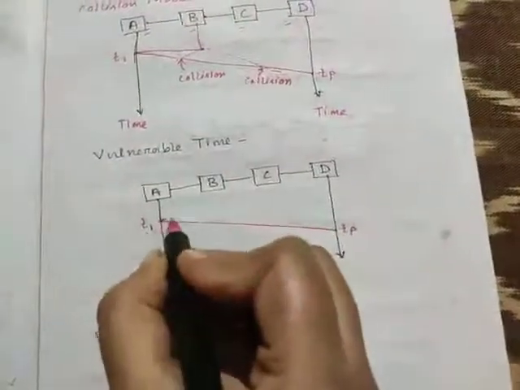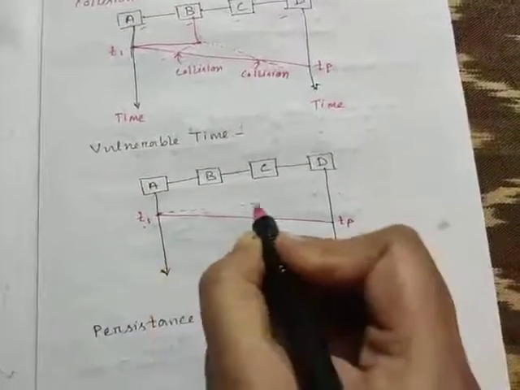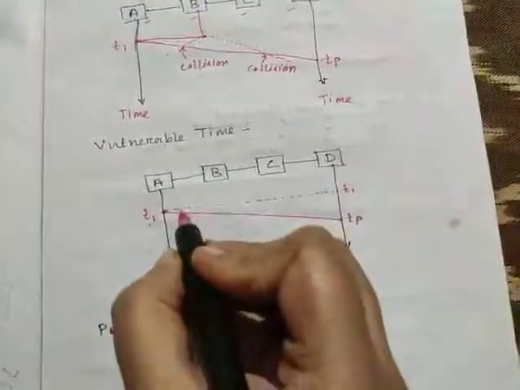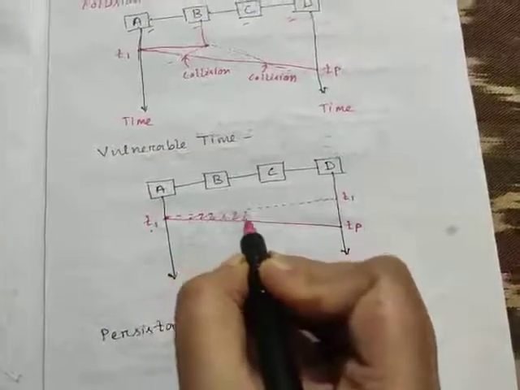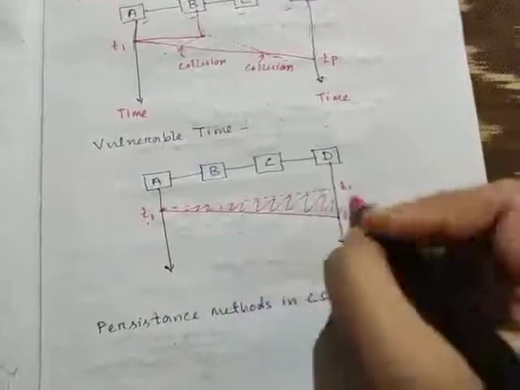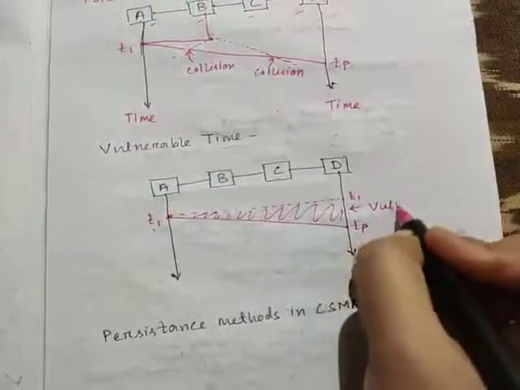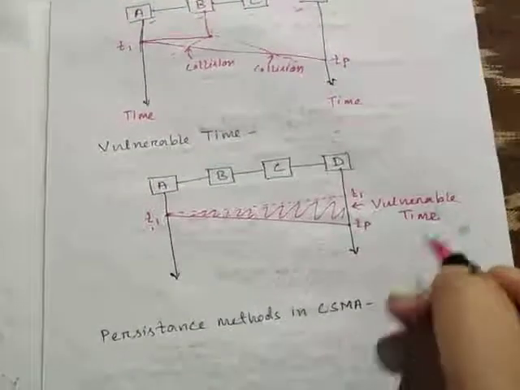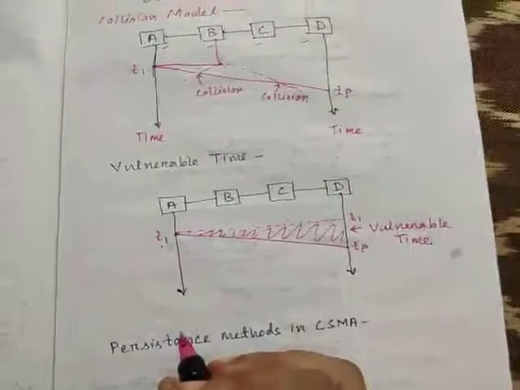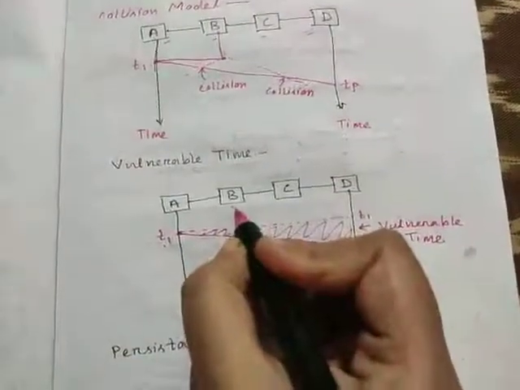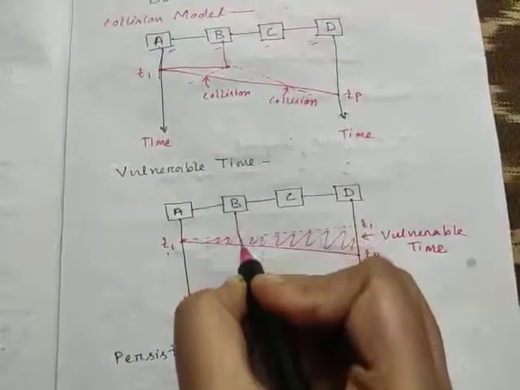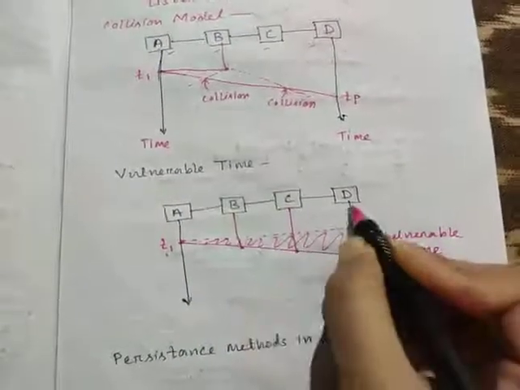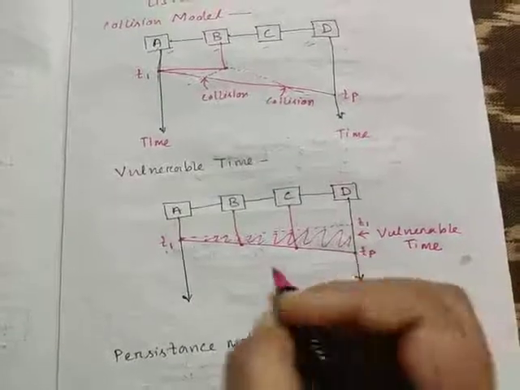If we draw a T1 line from station A to station D, then the time within this region is known as vulnerable time, because station B senses the channel at this point, station C at this point, and station D at this point.